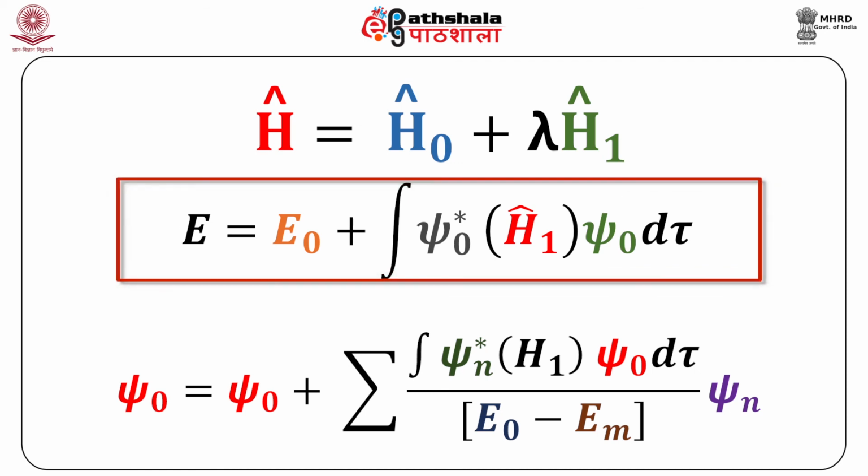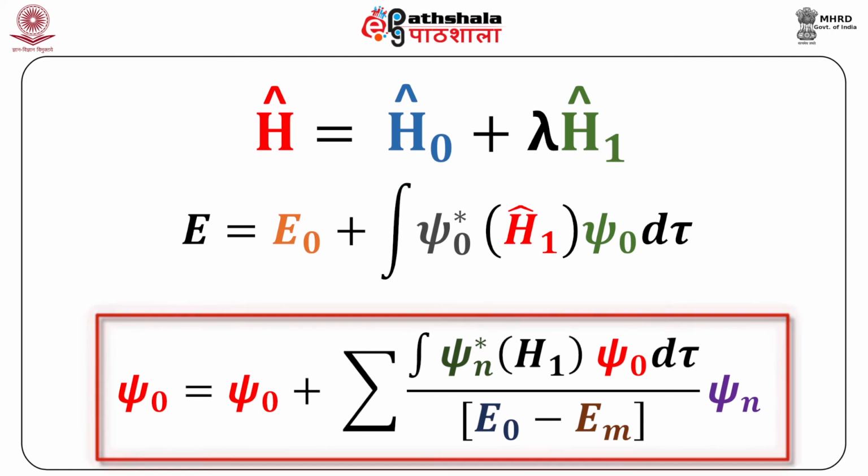This expression gives the total energy of the system, and the corresponding wave function of the system is given by psi equal to psi 0, where psi 0 is the wave function of the unperturbed system, plus summation of the integral psi n star H1 cap psi 0 d tau divided by E0 minus Em, times psi n.